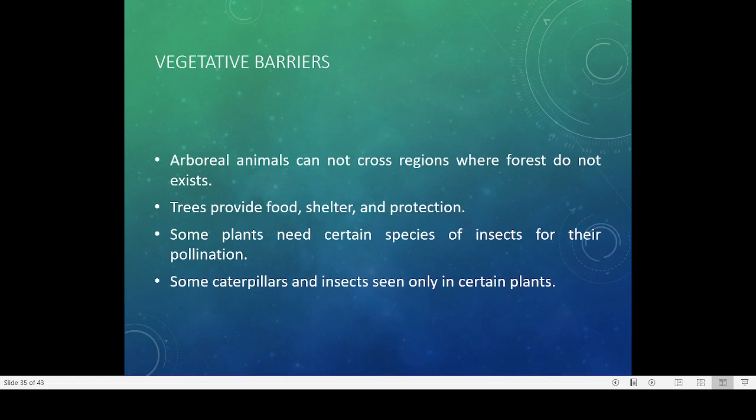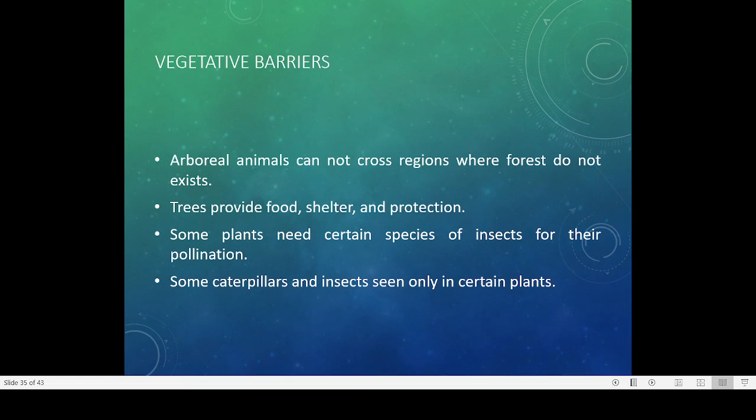So they are protected from predators by the tall branches of the tree. On a grassland they won't get that protection. That is why animals living on trees may not be able to survive in an open grassland, where they are constantly exposed to predators and may not get enough food, etc.